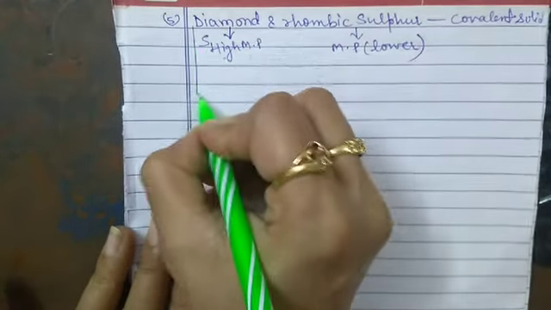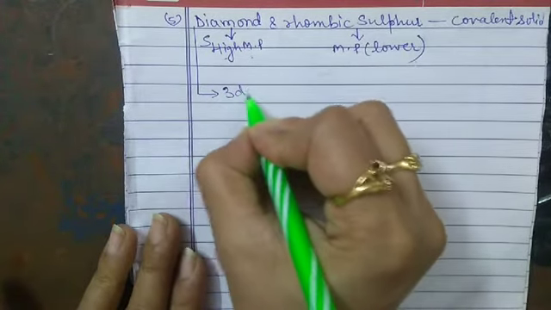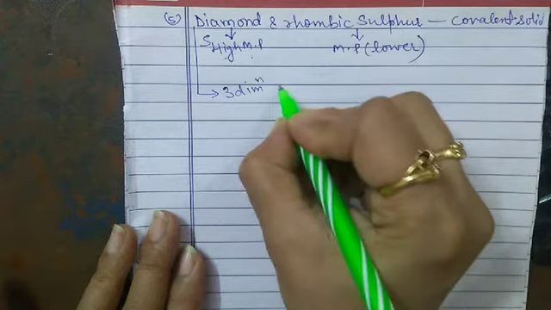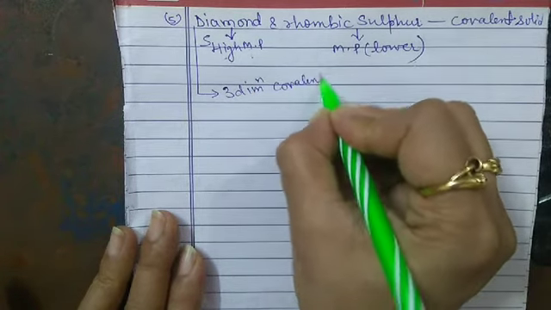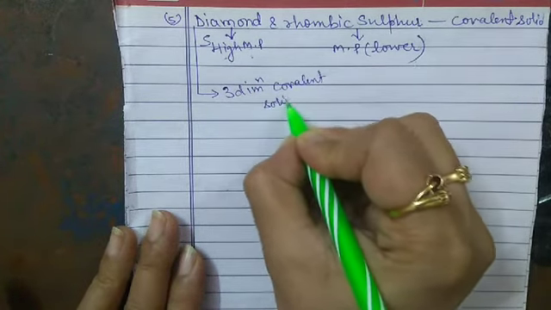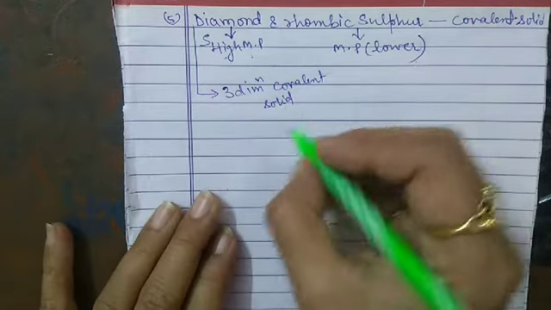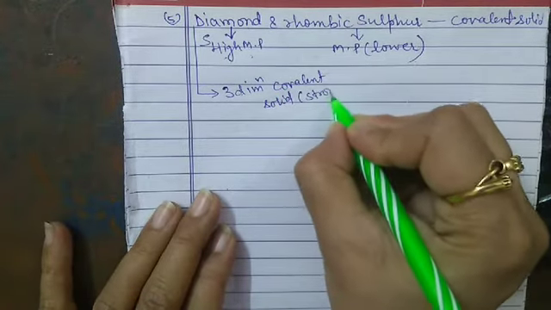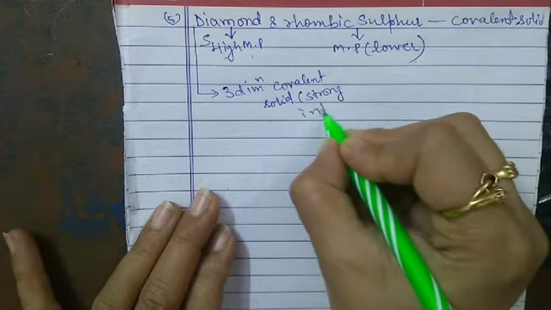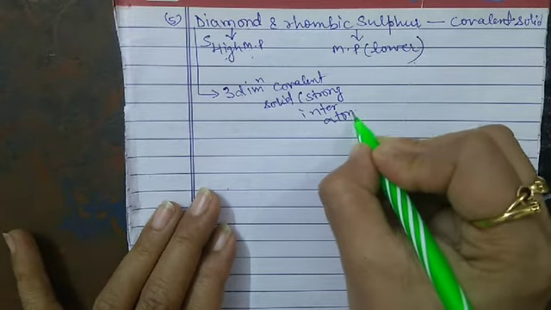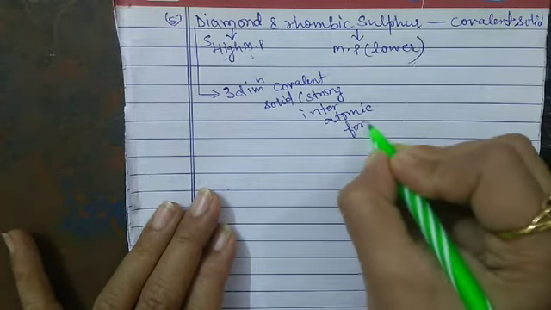The diamond is a three-dimensional covalent solid with strong interatomic force.